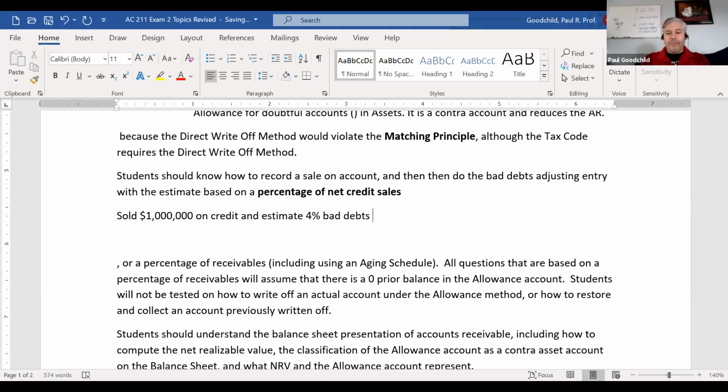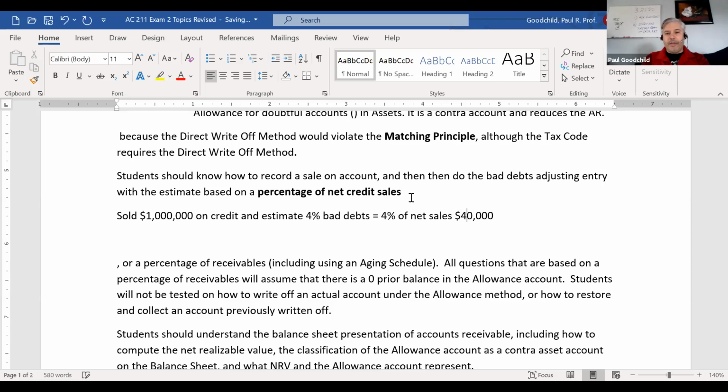You just take 4% of net sales. So keep in mind that they may return some, they may not. And so I think this would be 40,000.